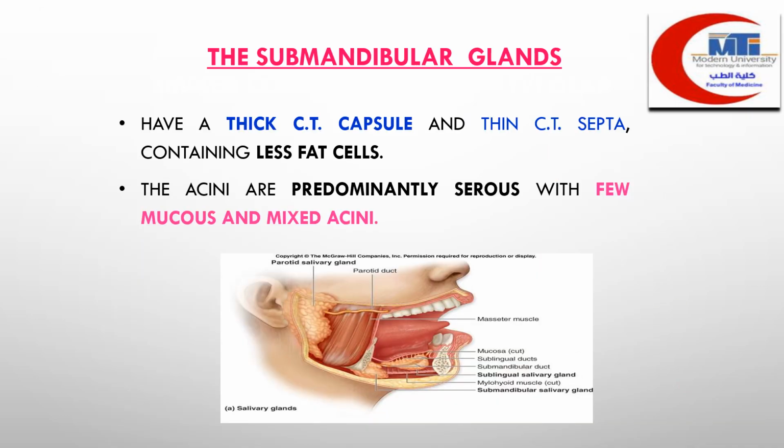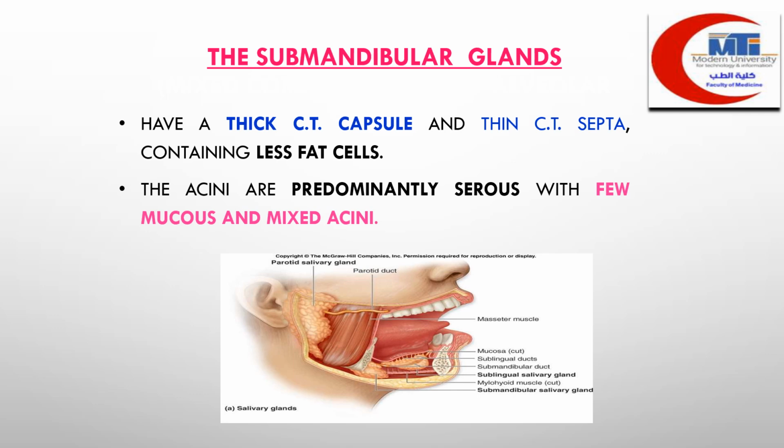The submandibular glands are located on either side between the mandible and the muscle forming the floor of the mouth. They are mixed compound tubuloalveolar glands. They have a thick connective tissue capsule, but they have thin septa, showing fewer fat cells.